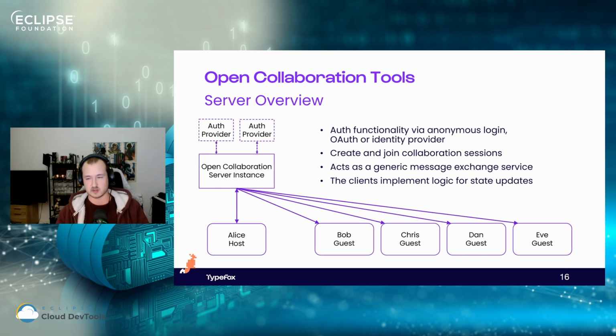So let's say, for example, I want to add Keycloak to secure my system, so that no one who isn't supposed to is able to enter a room. You can add any kind of different authentication provider, OAuth or whatever. And obviously, it's supposed to manage creating and joining collaboration sessions as well. So it knows about sessions and is able to make users join them.